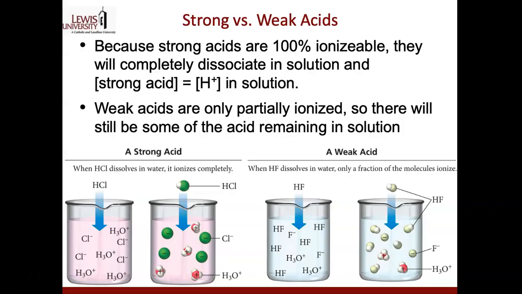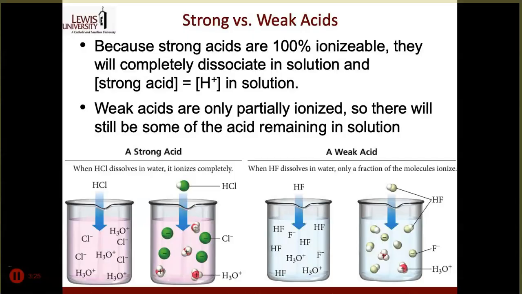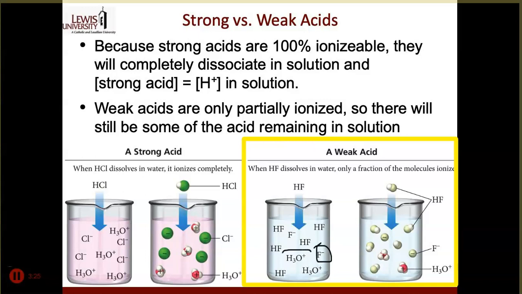All right, now let's go back to our slide here and look at an example of a weak acid, something like HF. If you look at this solution, you see what's happening, in the before and after here. Once I put HF in there, not only do I have F minus and H3O plus, but there are some molecules that don't totally ionize, and I still get HF molecules in solution.